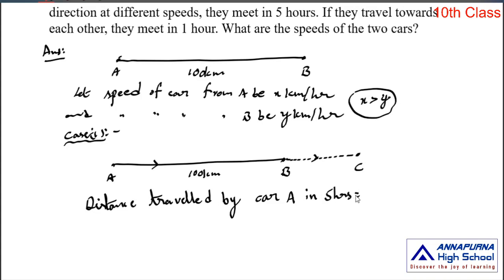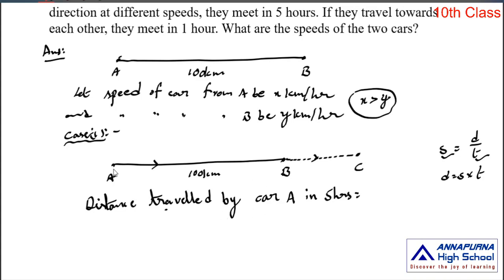Already we know the relation between speed, distance and time. So what is that relation? Speed is equal to distance by time. Here we know the speed and we know the time, we need the distance. So distance is equal to speed into time, and here we are finding the distance traveled by car A.